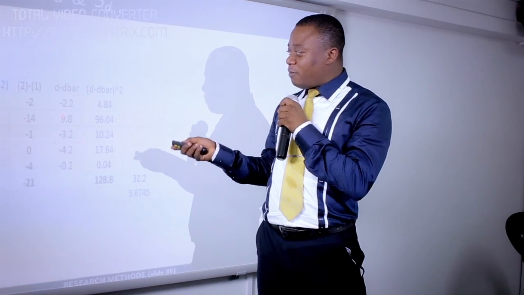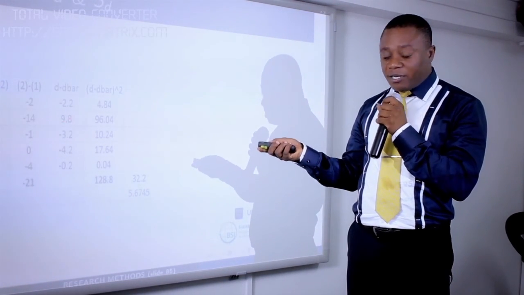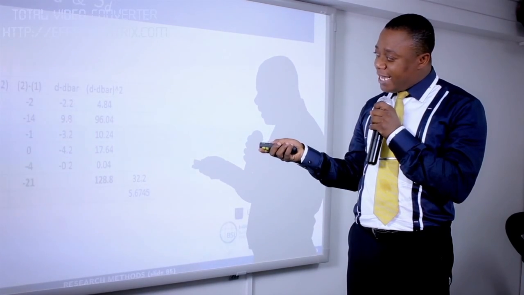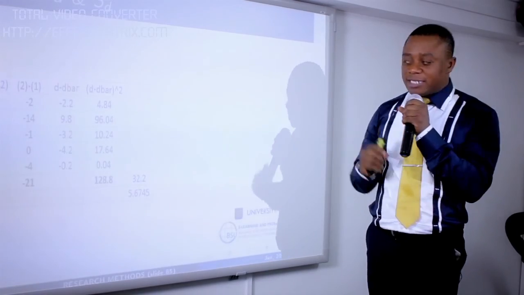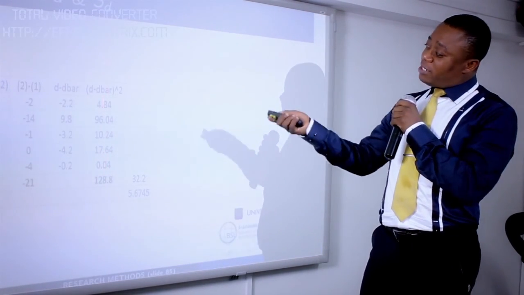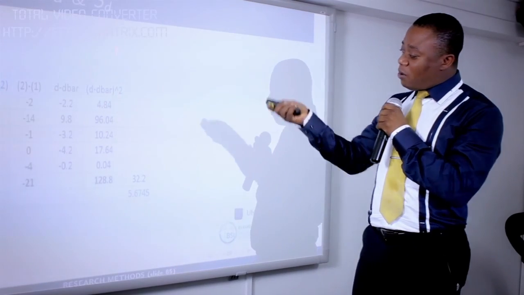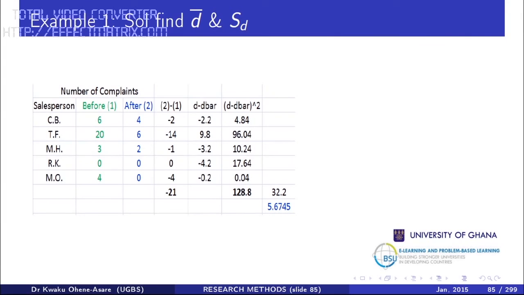For example, some of them, like this one, was in minus, but I have deliberately put it as 9.8 so that you can work this yourself and then come out with exact values. But of course, the values on the far right side, which is the d minus d bar square, are all exactly the same. When you add all these values, that should give you 128.8.